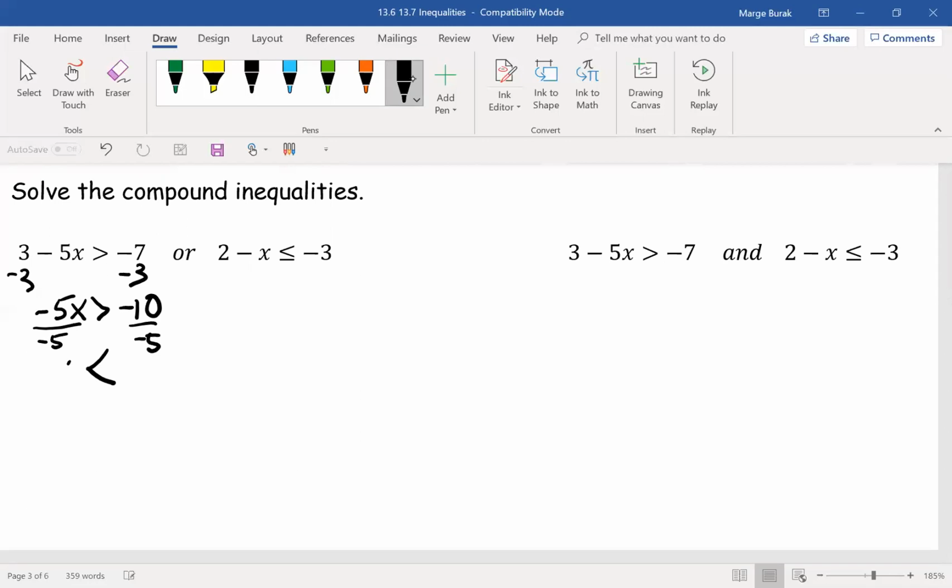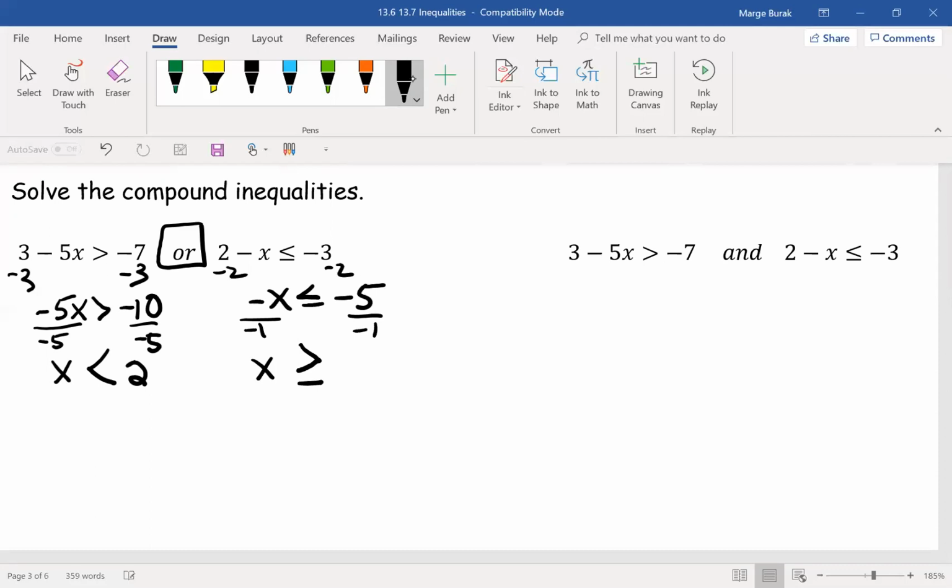It flips. And a negative divided by a negative is a positive. So I have x is less than 2, or, we're going to do these both ways, but this is my "or." Let's minus 2, and we'll get negative x is less than negative 5. And then I'll divide by negative 1, which again flips my sign. And I get x is greater than or equal to 5.